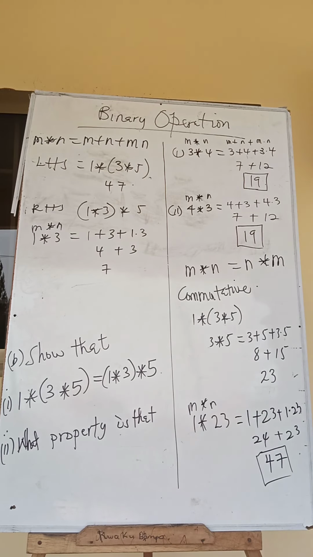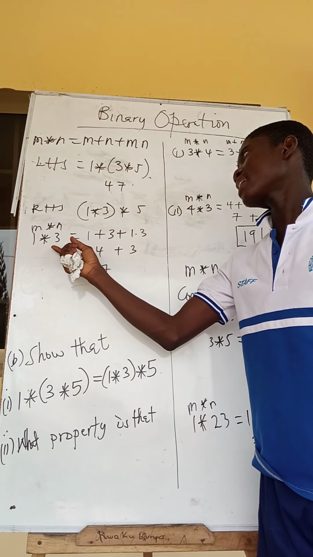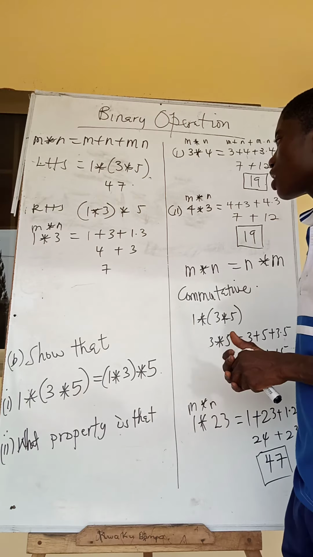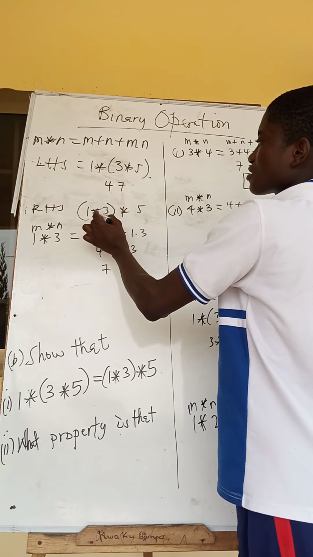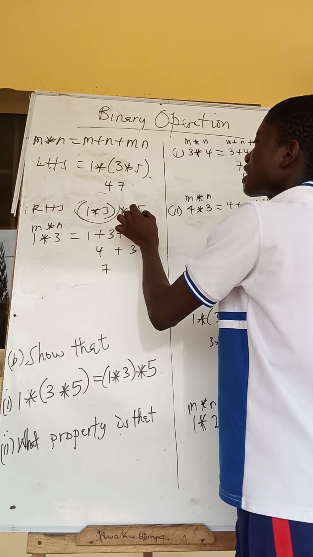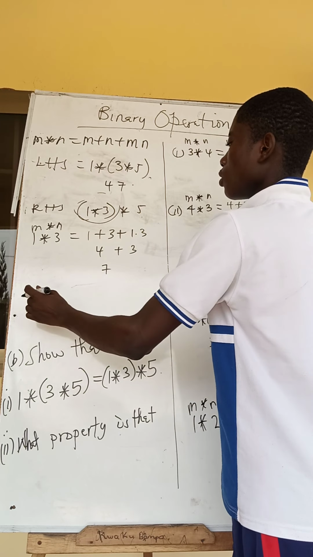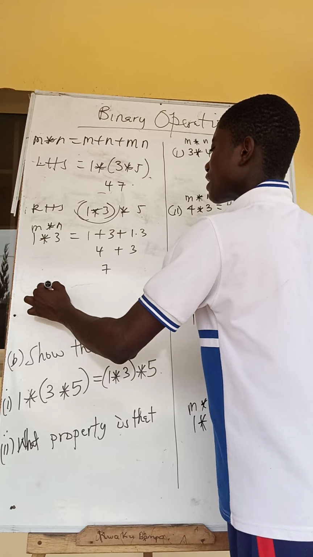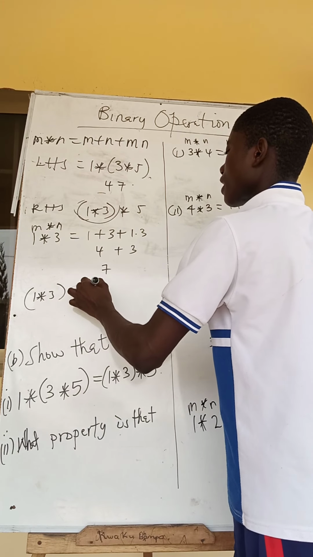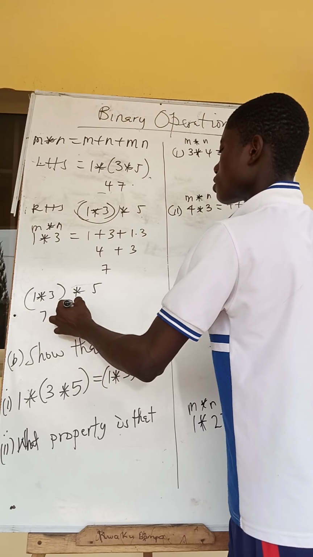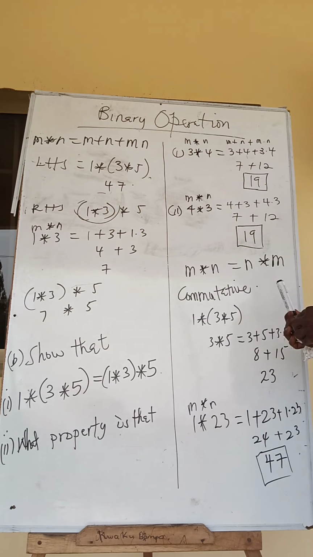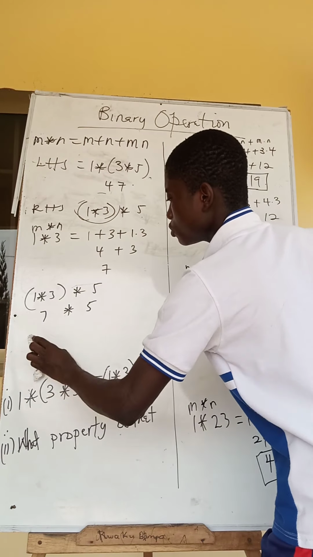So here 1 star 3 is going to give us 7. Hope you are okay. Then it is 1 star 3 star 5. So 1 star 3 is giving us 7. So we are going to have 7 star 5. So instead of writing 1 star 3, we've been able to simplify.